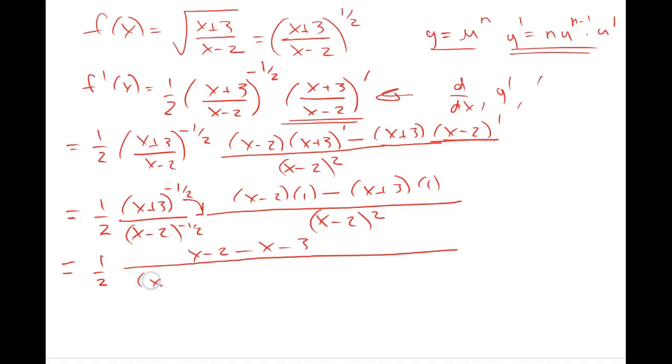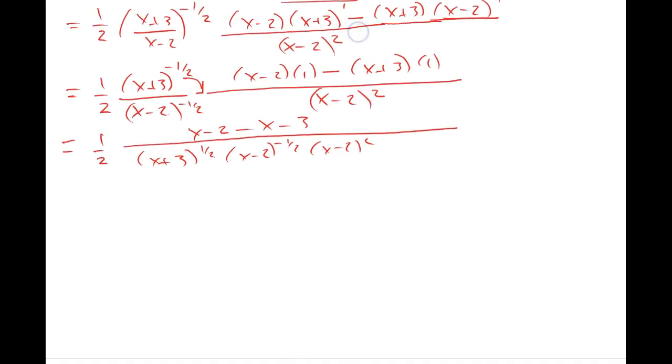I'll have (x plus 3) to the power of 1/2 and (x minus 2) to the negative 1/2 and (x minus 2) squared. These terms are going to combine, so I'll leave them alone. And if you continue on, the x's will cancel. The x's cancel, and I'm going to have on top negative 5.